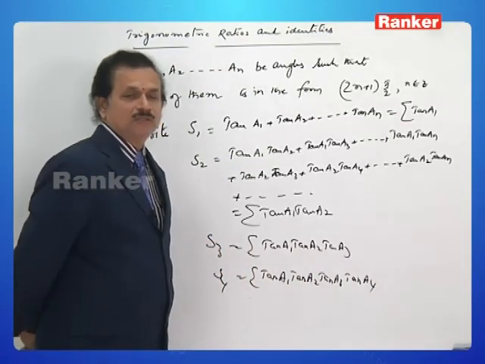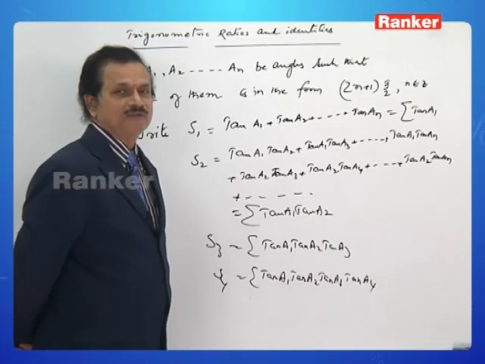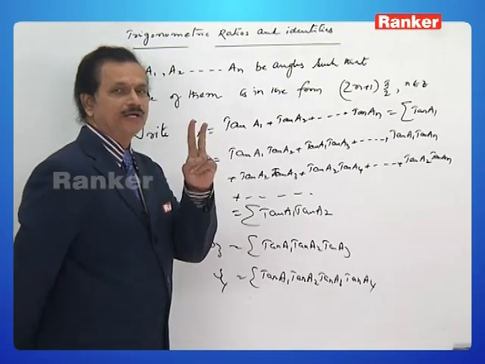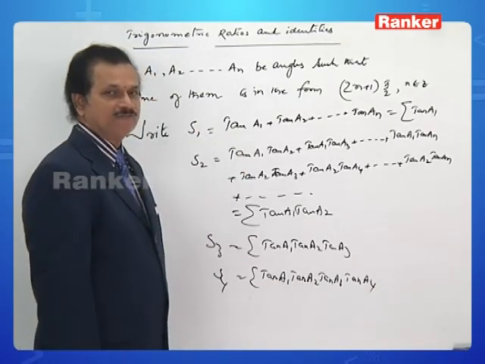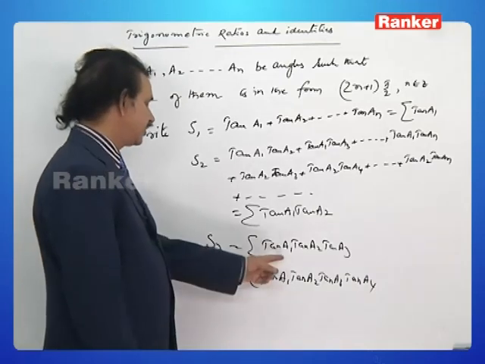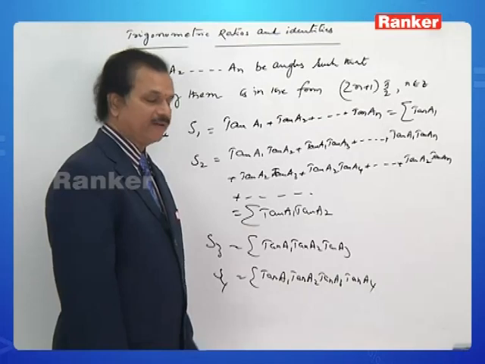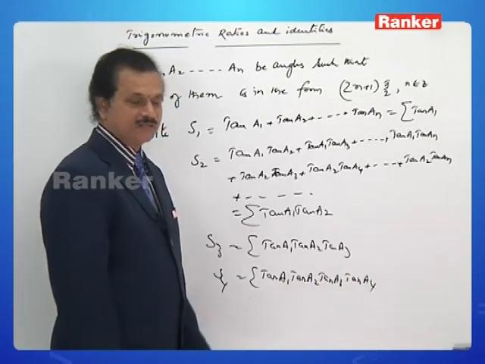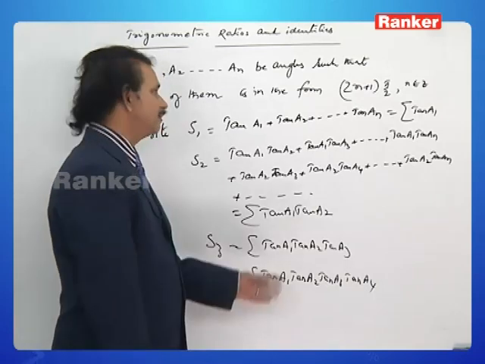What is S2? Sum of the products of tangents of the angles A1, A2, etc. AN taken two at a time. What is S3? Sum of products of tangents of the angles A1, A2, etc. AN taken 3 at a time. S4 taken 4 at a time. S5 taken 5 at a time. S6 taken 6 at a time. Like that. You please represent.